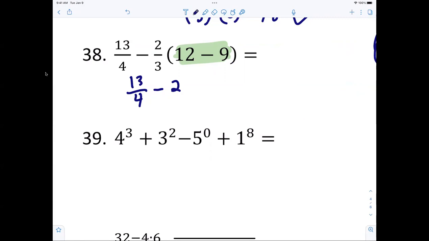Mr. Valdez, what's 13/4 minus 2? Wyatt, what is the answer? Good. Good. Finley. Next.